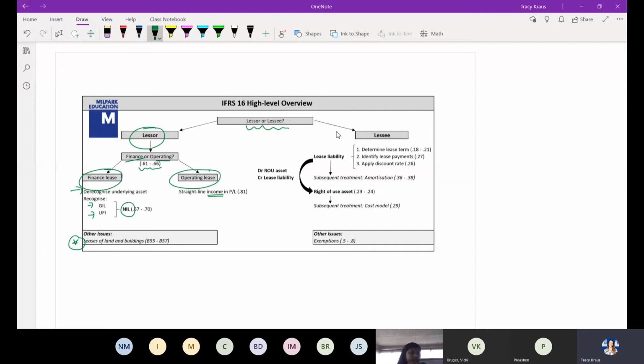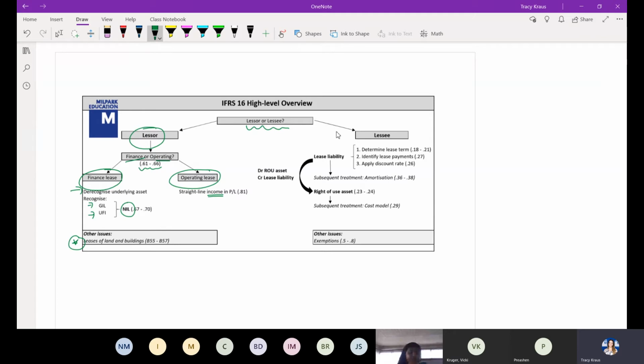And then you'll have either an asset or a liability settling that journal entry that you recognize with regards to your operating lease. Over the entire lease term, whatever is recognized in the statement of financial position will come out in the wash. So at the end of the lease term, it comes back to zero.